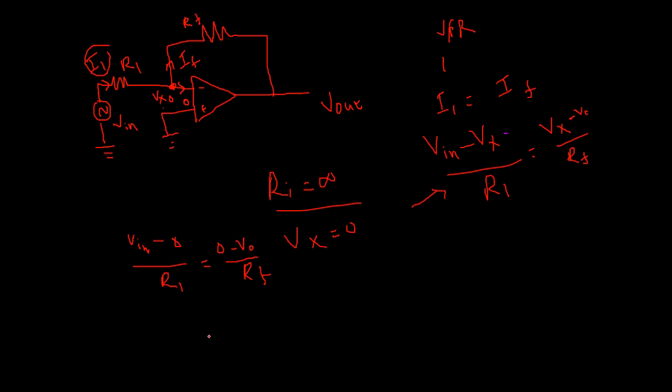Simplify this, you will get V in divided by R1 is equal to minus V out divided by RF.